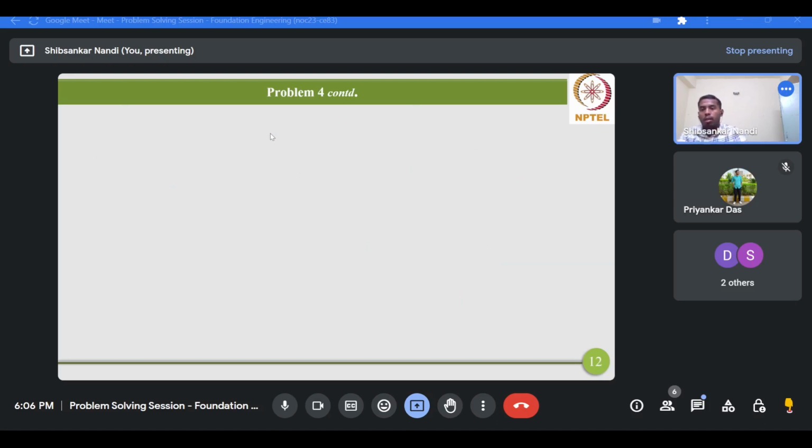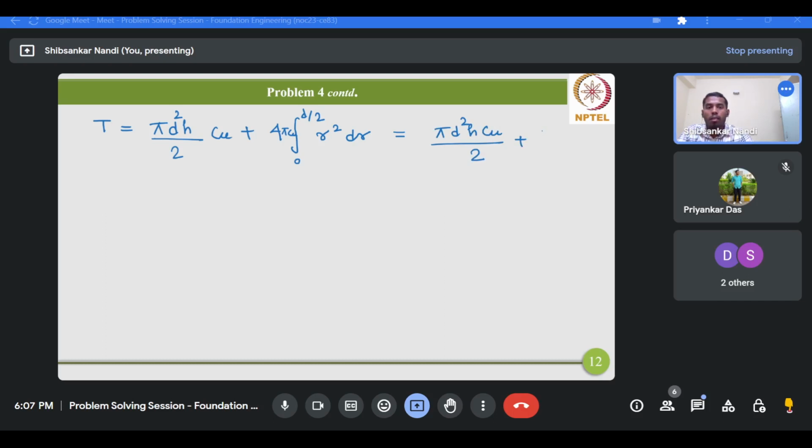Okay, so we'll equate. So T is nothing but pi d square h by 2 cu plus 4 times the integral from 0 to d by 2 of pi cu, and here r square dr. So obviously you will get pi d square h cu by 2, and here you will get pi d cube cu.